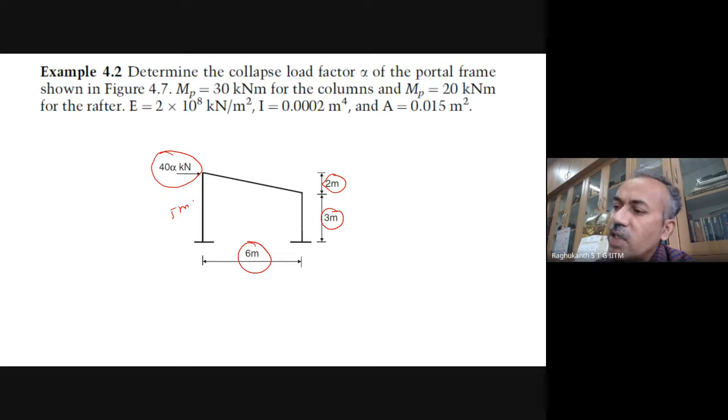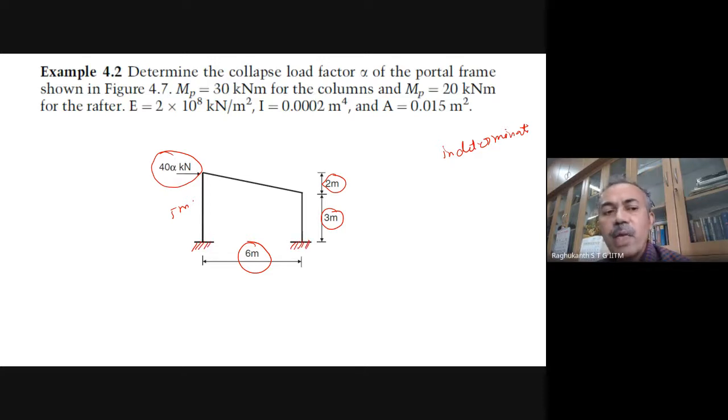Now you tell me what is the indeterminacy for this portal frame? You have studied in structural analysis, right? What is the statical indeterminacy here? So it is indeterminate. What is the statical indeterminacy of this portal frame? It is fixed at the bottom.